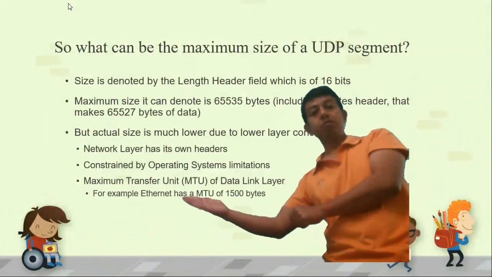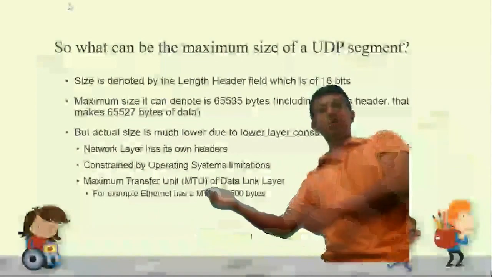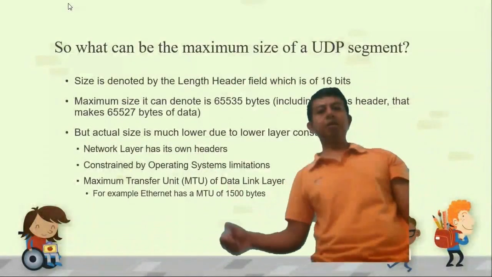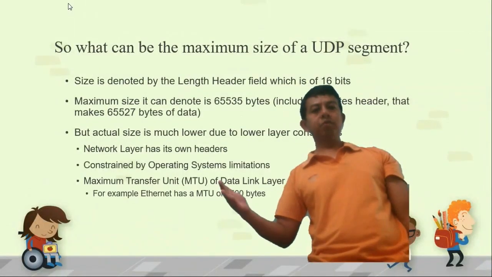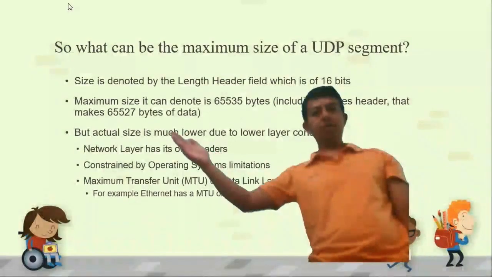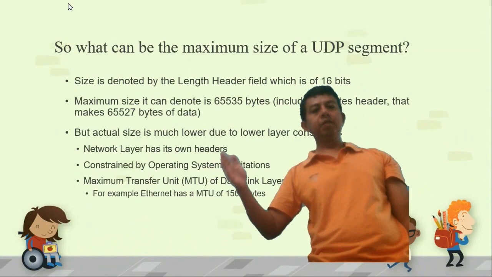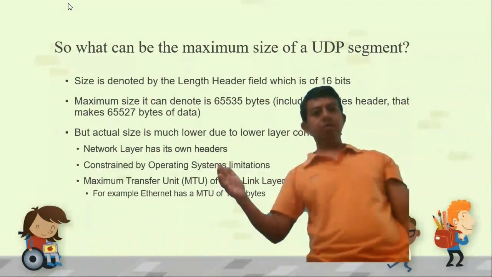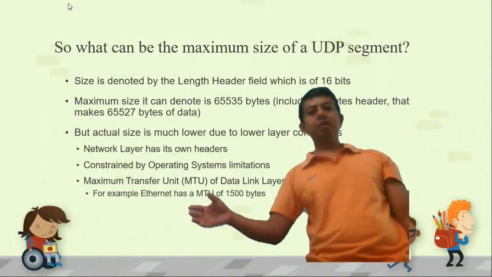Some other technologies would have even much lesser size. So if I use Ethernet, that means the size of my UDP segment has to be less than 1500 bytes. So though theoretically it is possible that the maximum size of a UDP segment can be 65535 bytes, in practical reality, the size of a UDP segment is much less, and this is because of the constraints placed by the underlying layers.